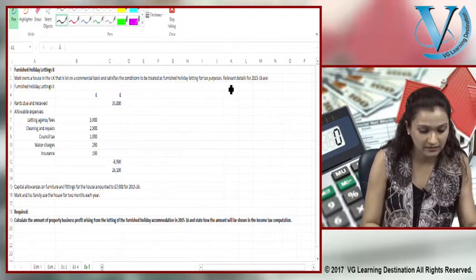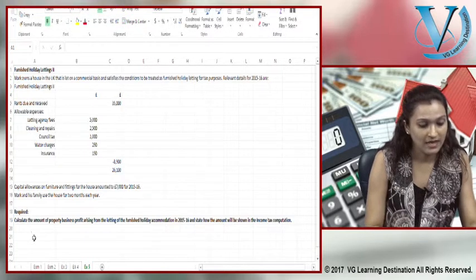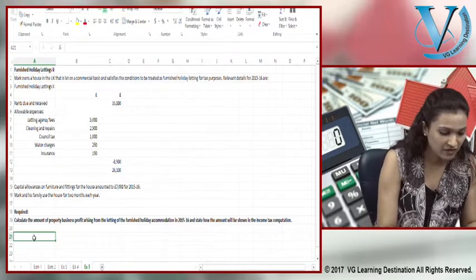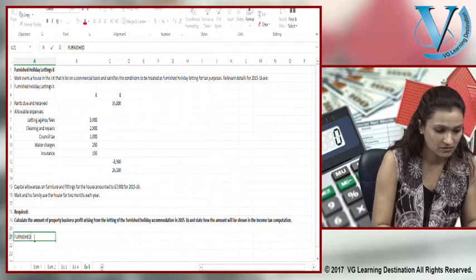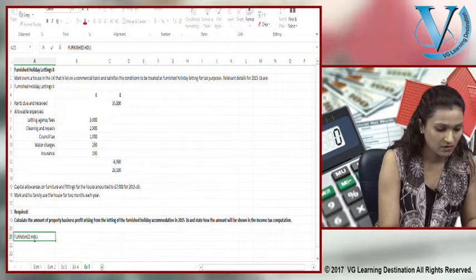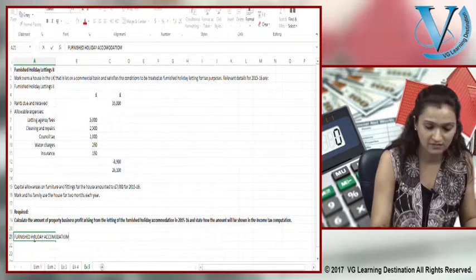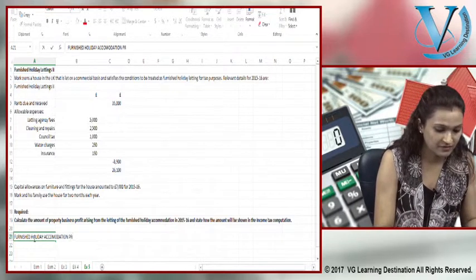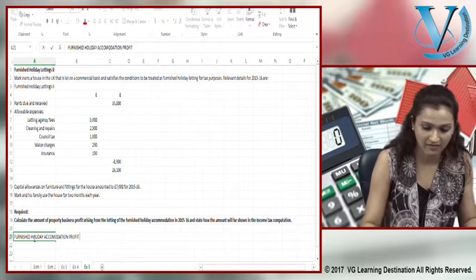So let's start with the question. Let's calculate your furnished holiday accommodation profit for 15-16. Bear with me, my spellings have all gone haywire.